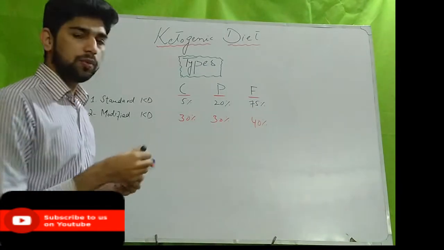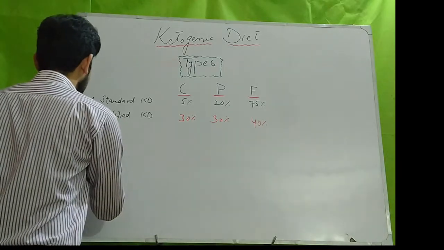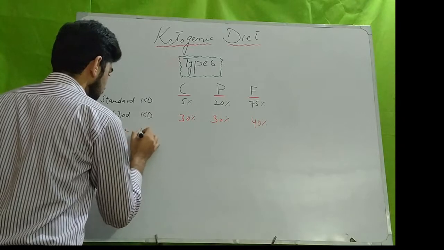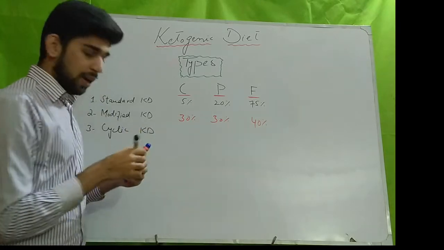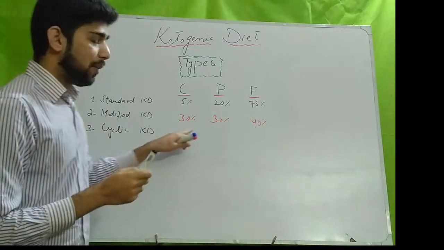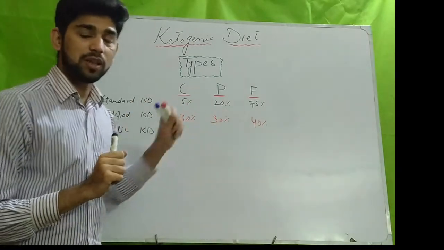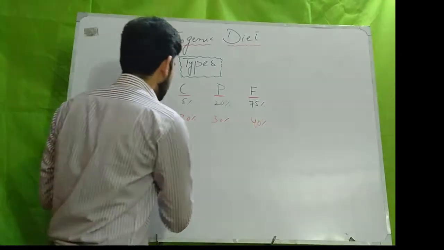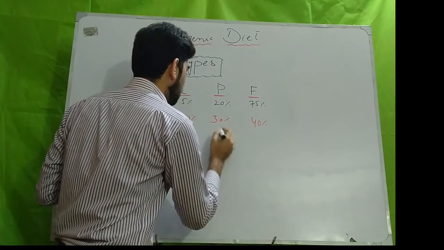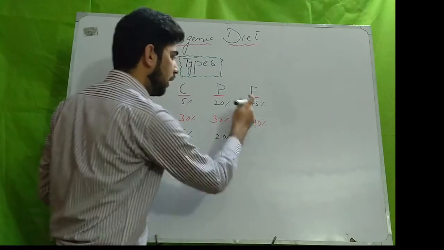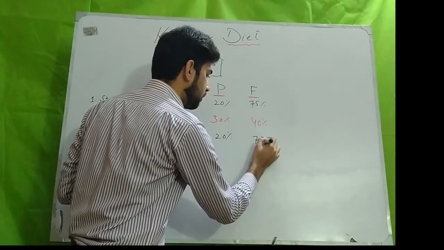The third type of the ketogenic diet is the cyclic ketogenic diet. In this diet, the macronutrient distribution is the same as in the standard ketogenic diet, that is 5% carbohydrate, 20% protein, and 75% fat.